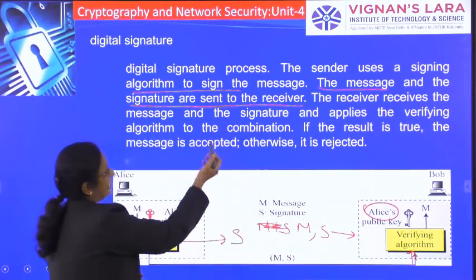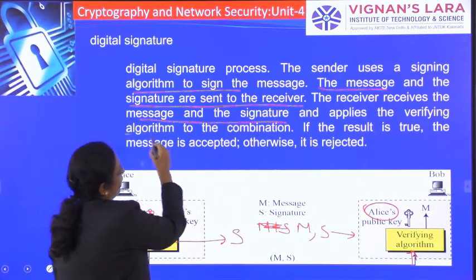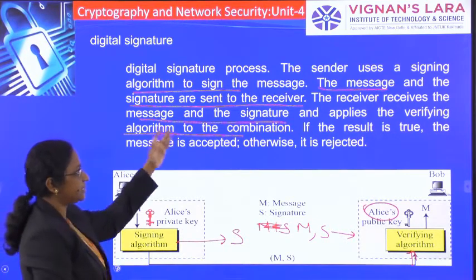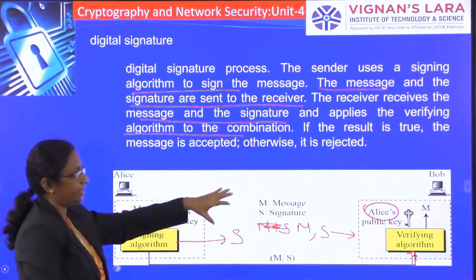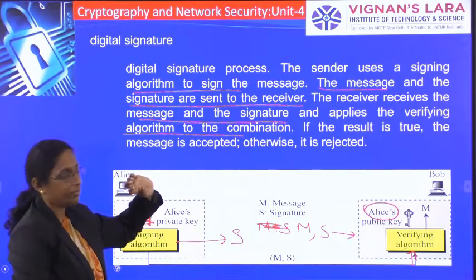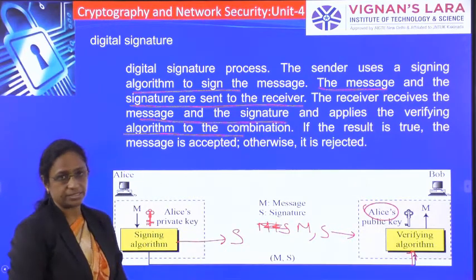The receiver receives the message and the signature, and applies the verifying algorithm to the combination, that is, to the message and signature. If the result is true, the message is accepted, otherwise it is rejected. Accepted means the message Bob received is from Alice only.